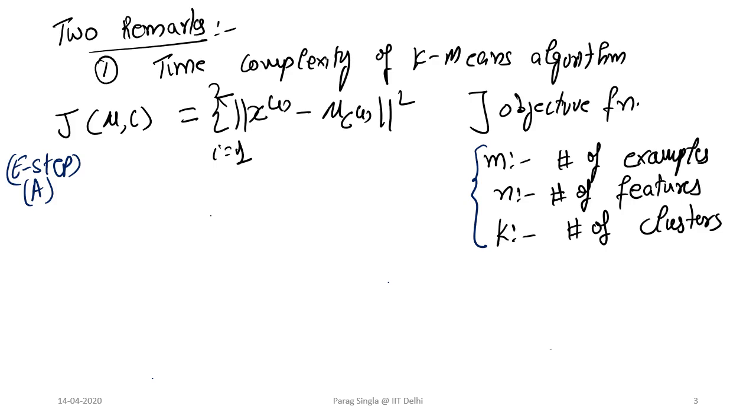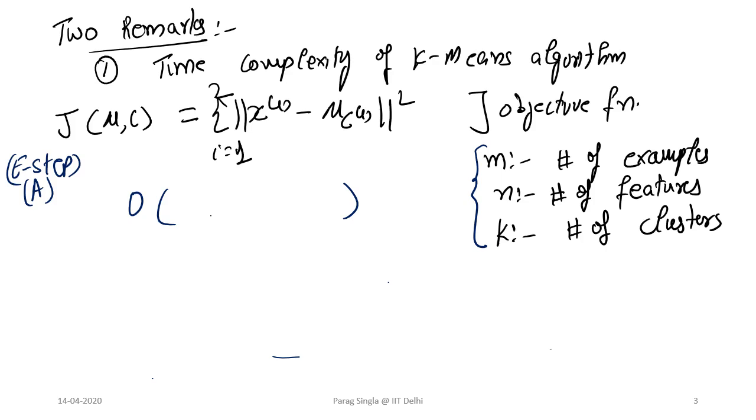So let us look at this J(mu, C) equation. How do we compute C's? For every point, we need to compute to what cluster it belongs to, and that's simply a computation of comparing or computing that point's distance from every cluster.